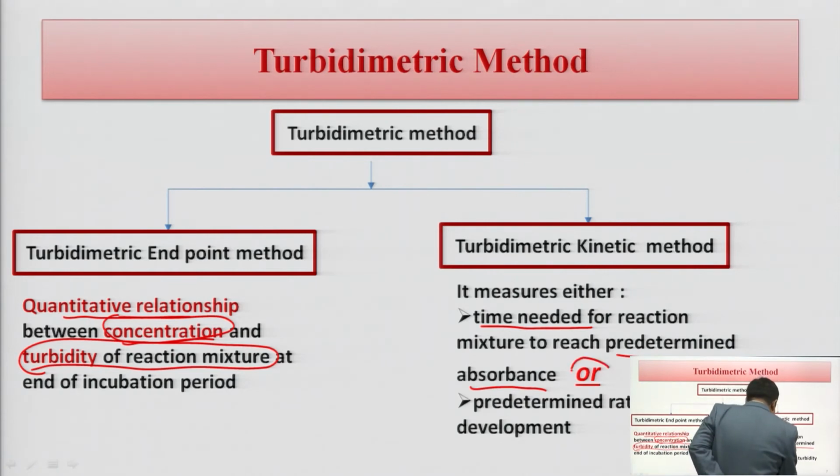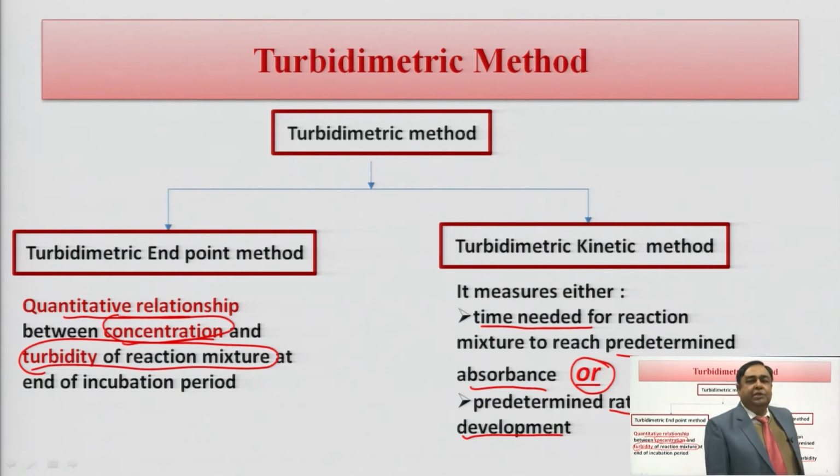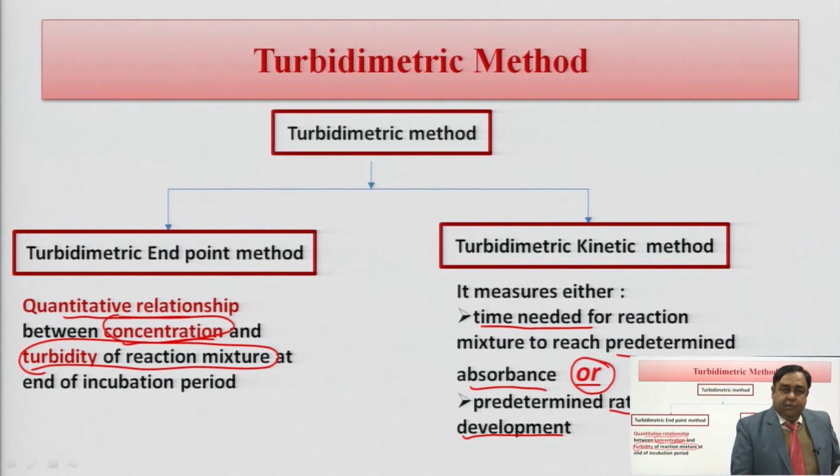Now, another way of looking at things is that it measures the rate of development of turbidity in the presence of the endotoxin.